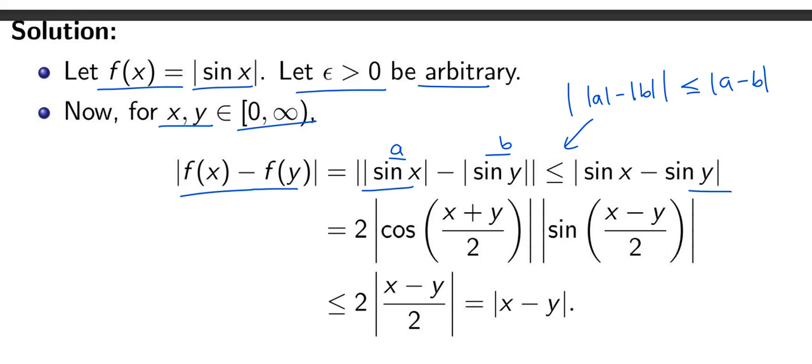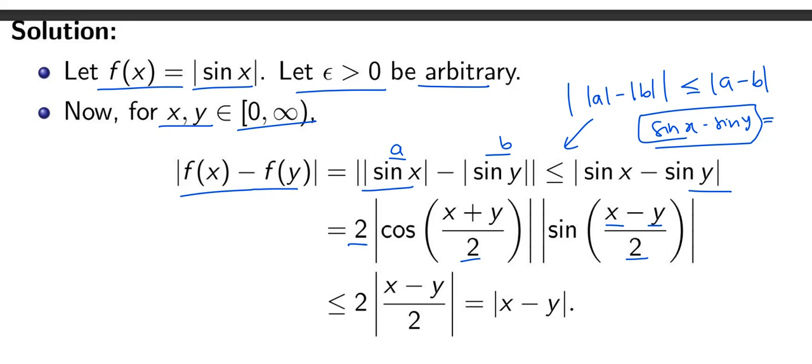Then apply the formula for sin x minus sin y, that is, sin c minus sin d, and we get 2 times modulus of cos of (x plus y) by 2 and modulus of sin of (x minus y) by 2.